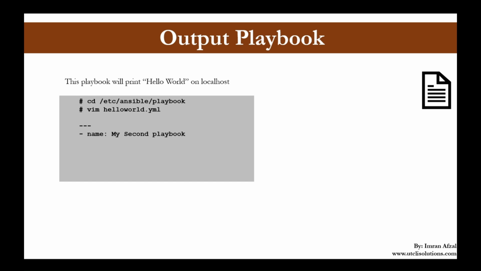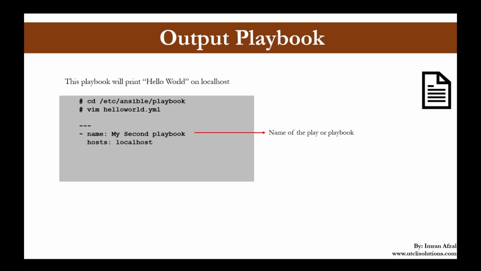Then we will put in - name: my second playbook, or any name for the playbook. You could also put down output playbook. So this is going to be the name of the play or playbook.